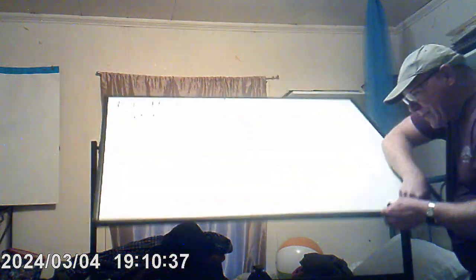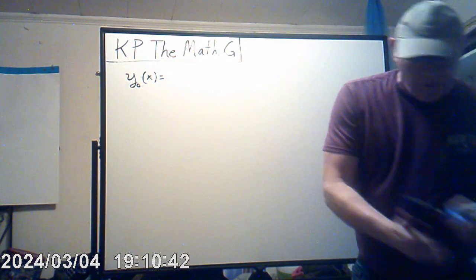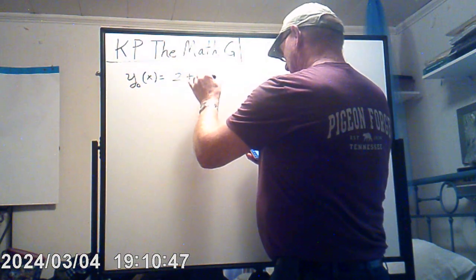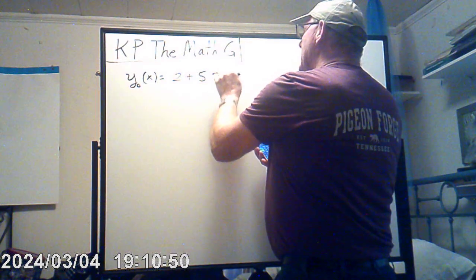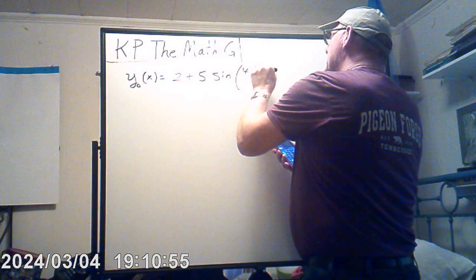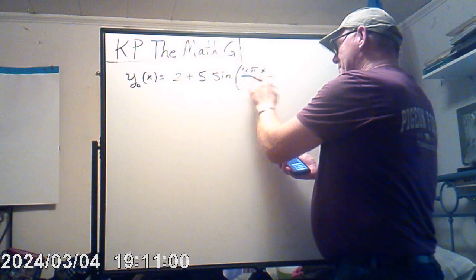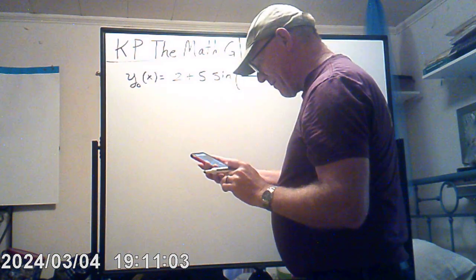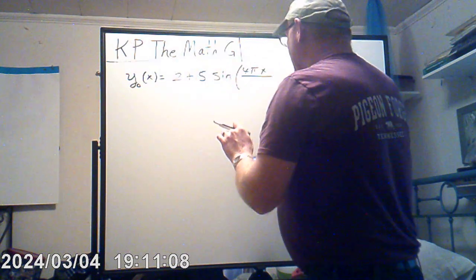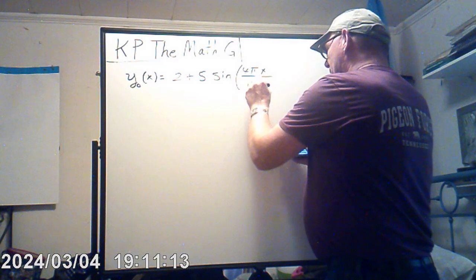So in other words, I put in my calculator, it does not matter the order that you put this in. So 2 plus 5 sine 4 pi x, and I could do mine like this. I do have an n over d, but I have to hit second and then n over d. Okay, and then this is going to be over 25.